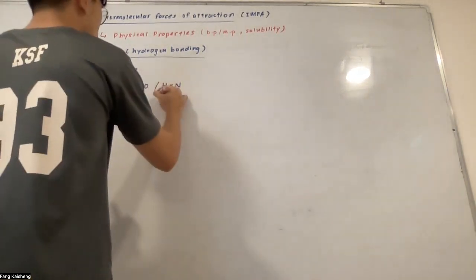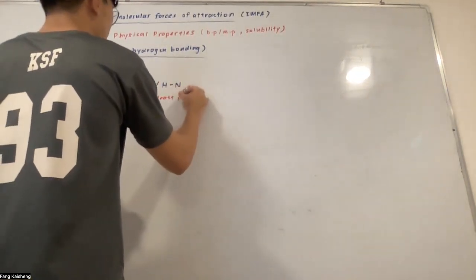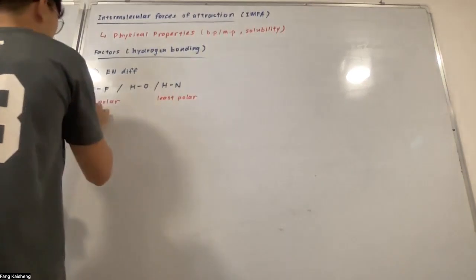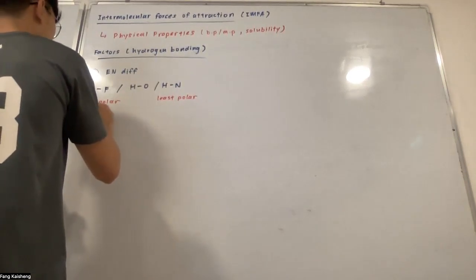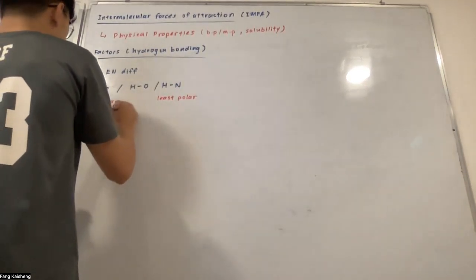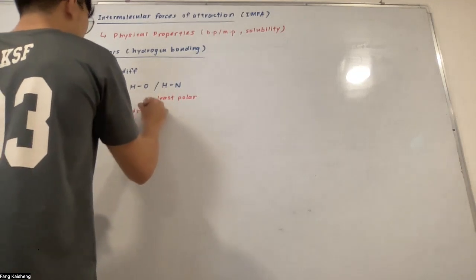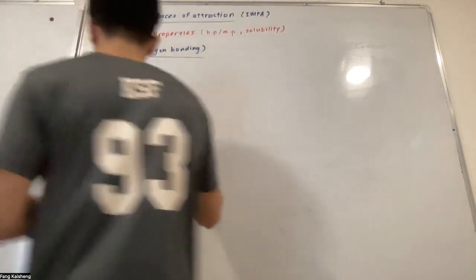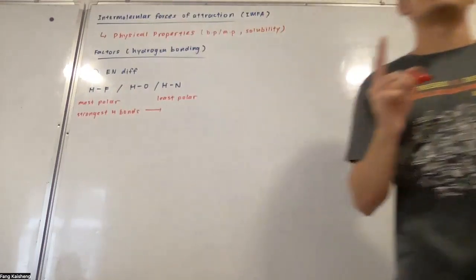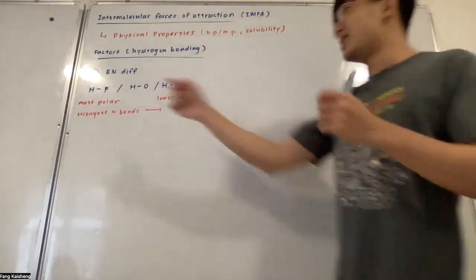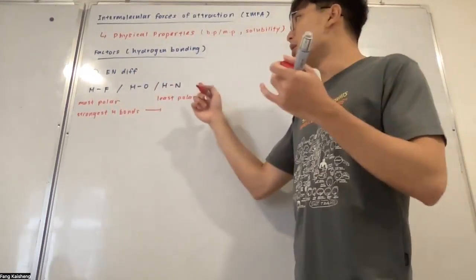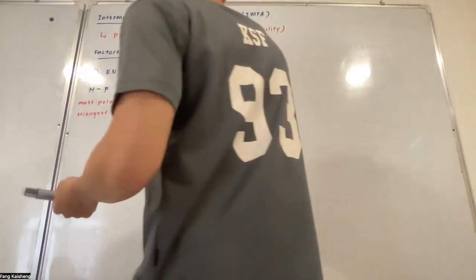Compared to HN, that's the least polar, so it's the weakest hydrogen bond. Now this one's very simple, nothing much for me to say. You would think that this is the only factor that affects hydrogen bonding, since there are only 3 possible bonds in hydrogen bonding.